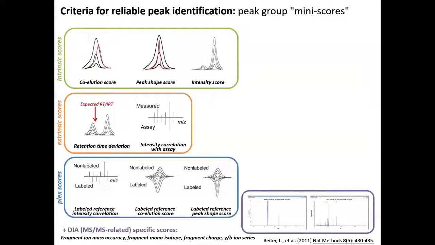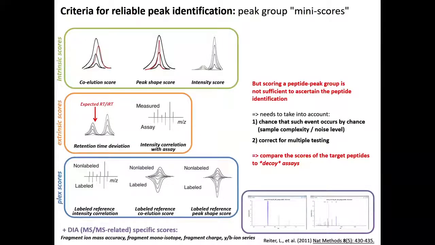So you check whether you're actually selecting the monoisotope and not a first or second isotope of something else. You check the fragment charge, whether it's a singly charged or doubly charged fragment, and whether this matches. You also check if you see additional b and y ions in the series, etc. So you have a lot more scores which are MS2 specific. These are only scores which are accessible in DIA or PRM, and are scores that you could not use in typical SRM experiments in the past.